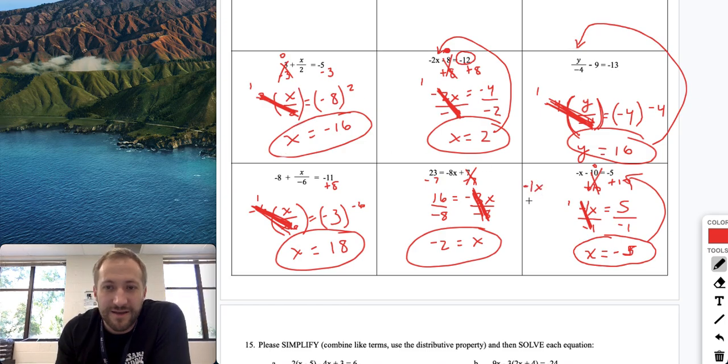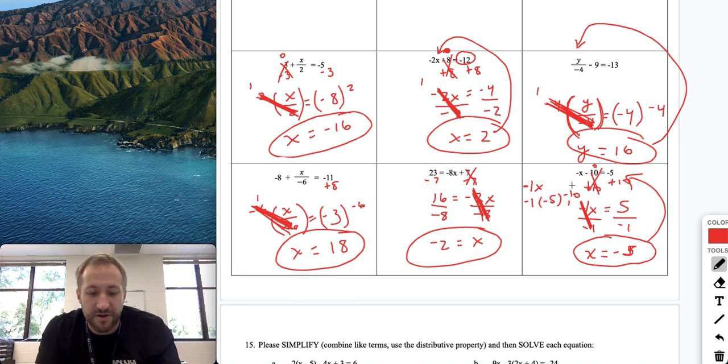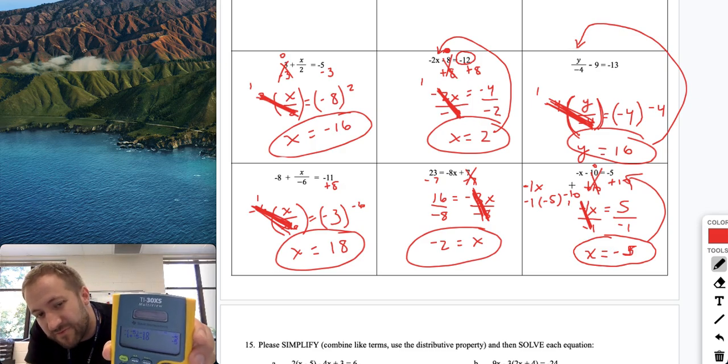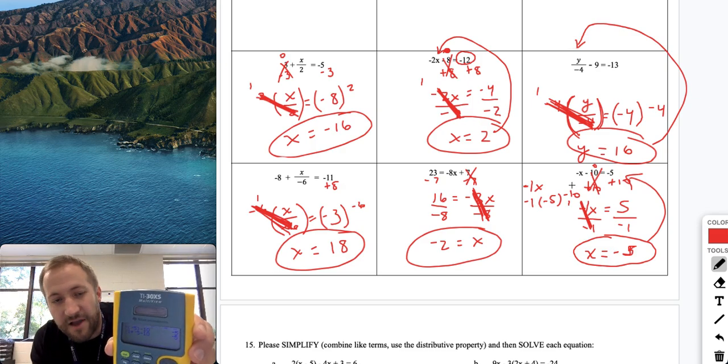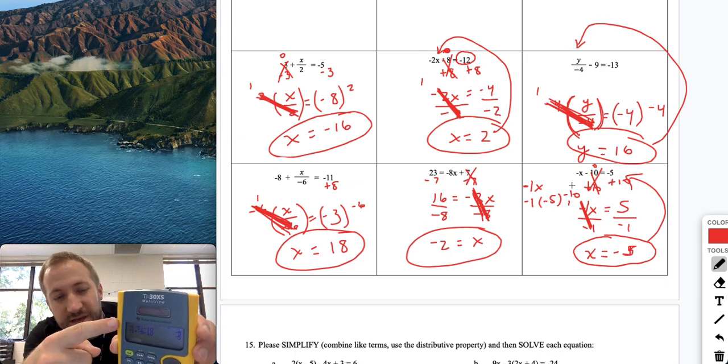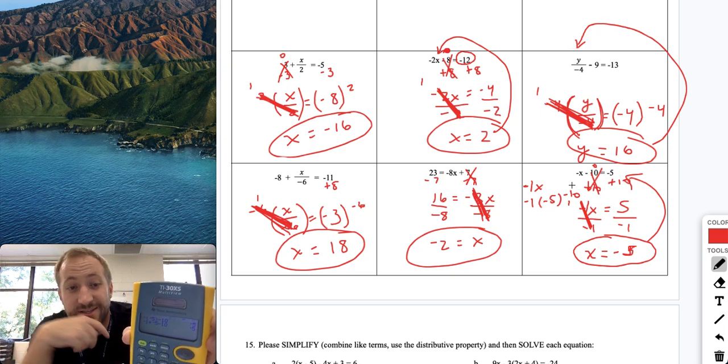So when I plug it in, I'm looking for negative 1 times negative 5 minus 10. So in my calculator, I would put negative 1 times negative 5 minus 10. And I get negative 5. But of course, if you left off that negative 1, the calculator automatically knows that's what the coefficient's supposed to be on the outside. So see how I have a negative right on the outside of that top expression. Still gives me the same answer.